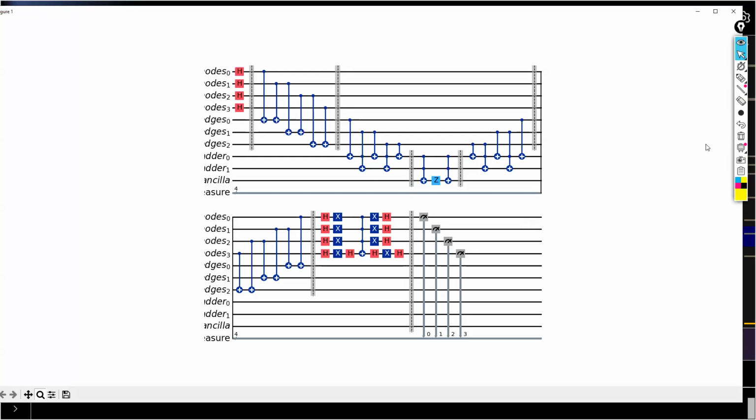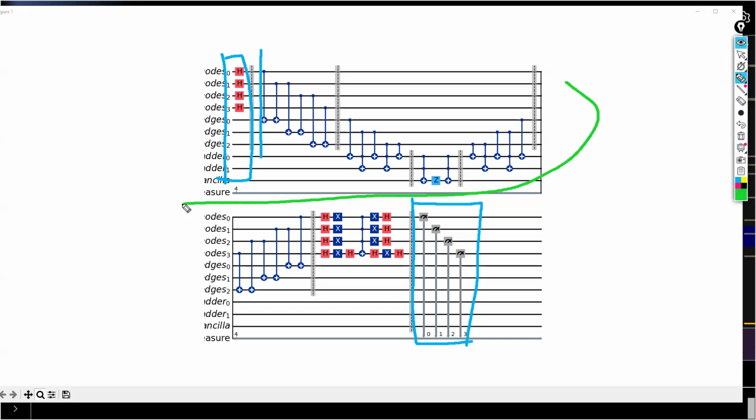Look at this: I have exactly the same blocks that we have been talking about all this time. I have the block for measuring. I have the block of preparing my state. And this entire thing, I will mark it with another color.